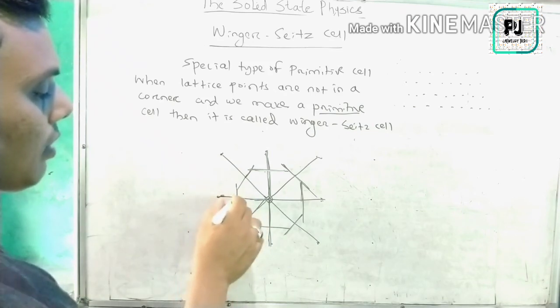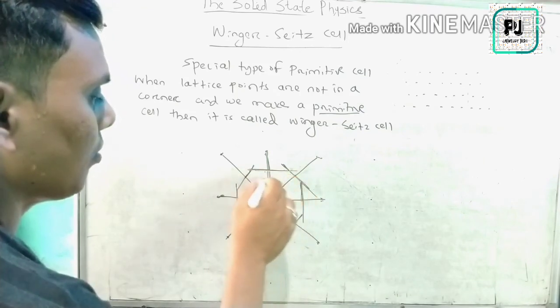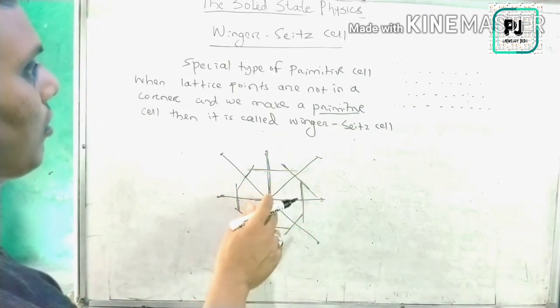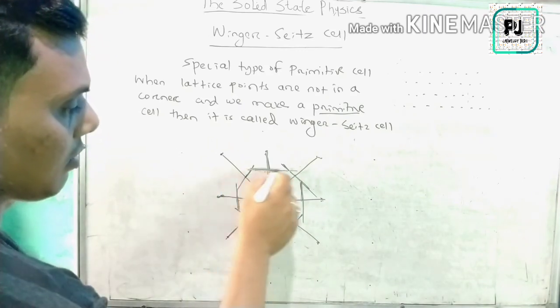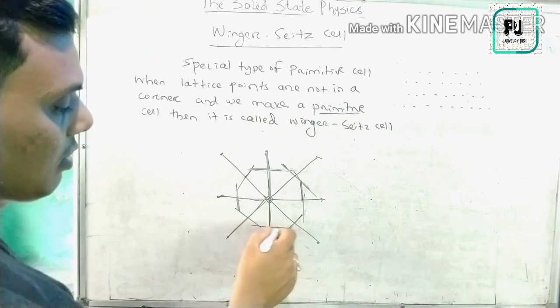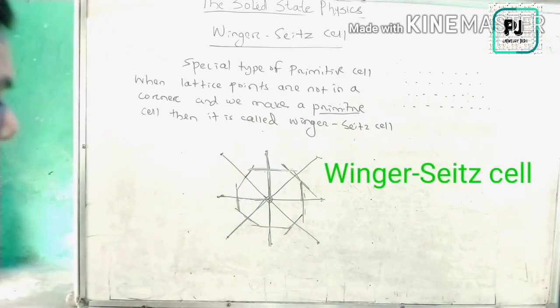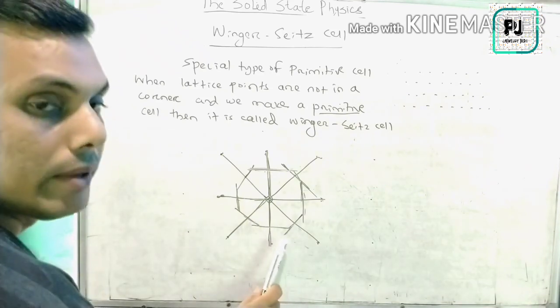So what happened? Then there is the making of one type of cell, and that cell is called the Wigner-Seitz cell. So very important for us, the Wigner-Seitz cell. This arrangement is called the Wigner-Seitz cell. So this is also one type of unit cell.